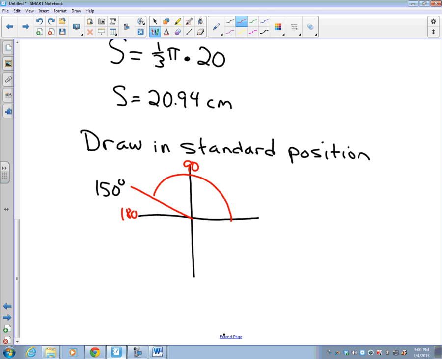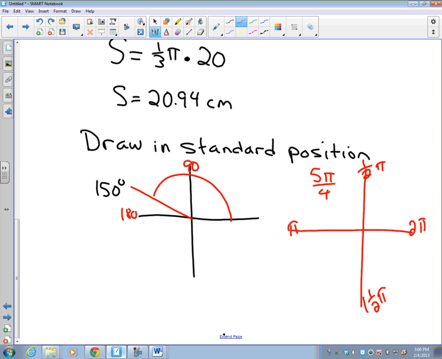If I asked you to draw 5 pi over 4 in standard position, you should know that it's 1 pi to here, and each quarter is half a pi. Half a pi, 1 pi, 1.5, 2 pi, right?